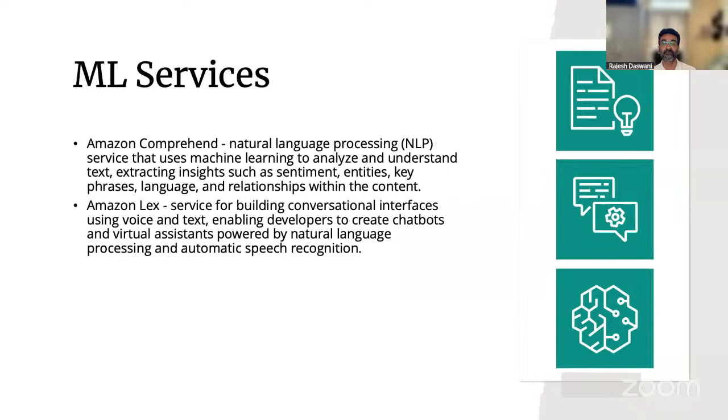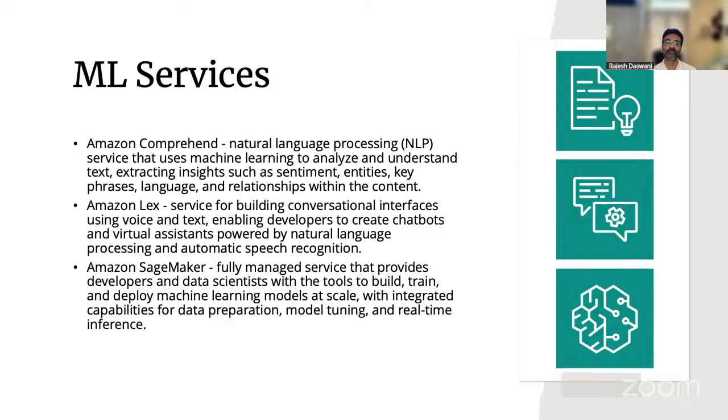Lex is for building conversational interfaces using voice and text, enabling developers to create things like chatbots and virtual assistants powered by natural language processing and automatic speech recognition. And SageMaker is a fully managed service that provides developers and data scientists with the ability to build, train, and deploy machine learning models at scale, with integrated capabilities for data prep, model tuning, and real-time inference.